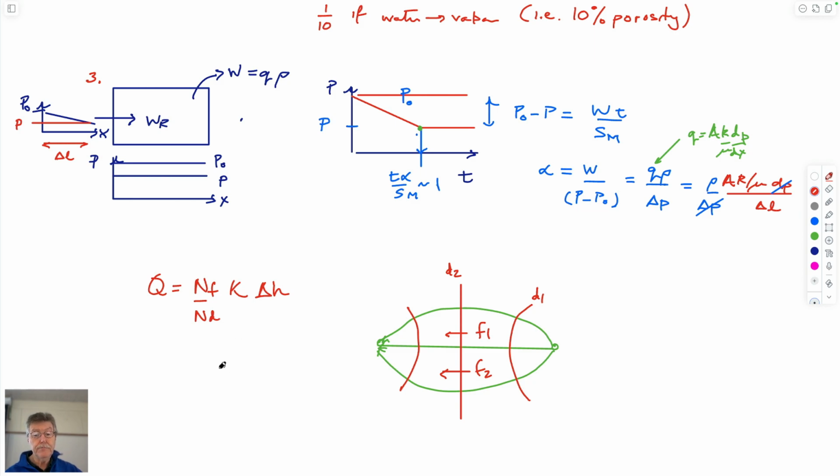We know that permeabilities are related to hydraulic conductivities through this. And we know that heads are related to pressures over unit weights. And so there's no reason why we can't substitute these.